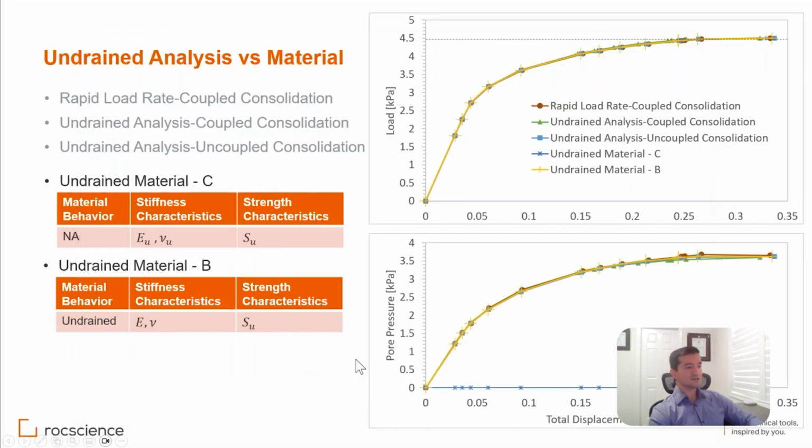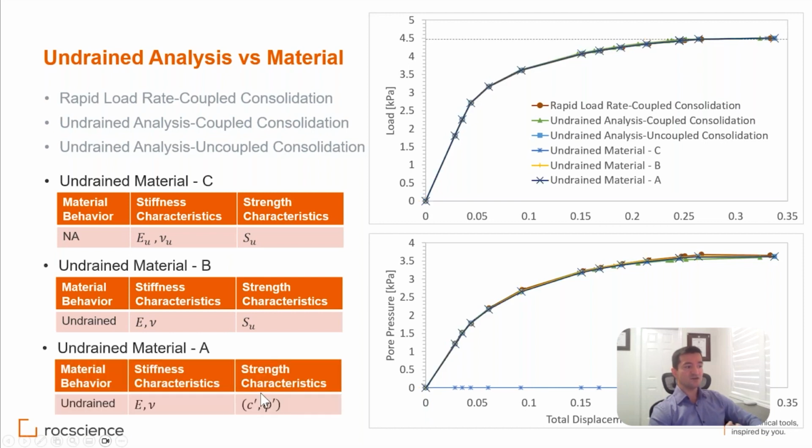Going back to the presentation, the yellow line is the behavior that they're predicting for that undrained foundation. So again, we are predicting all the load displacement and also the generation of excess pore water pressure exactly as we had for the undrained analysis. Last case, we have undrained material A. Material behavior is defined to be undrained.